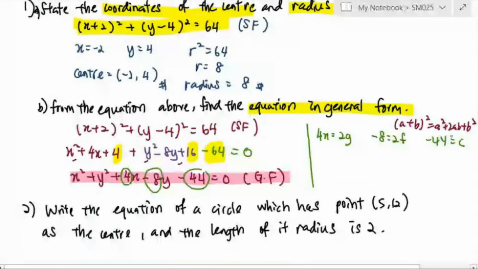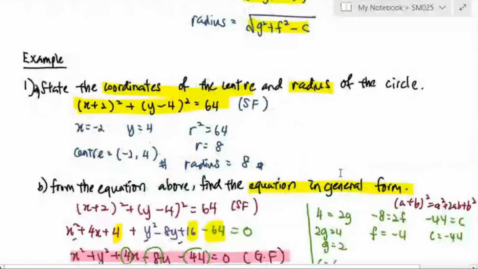So GFC. What is our g? Just take down the coefficient. The coefficient of X is 4, so 2g equals 4, so g equals 2. And then for f, you will find this is negative 4. And for c, it will be negative 44. If you want to find back your center, what's the formula of your center?